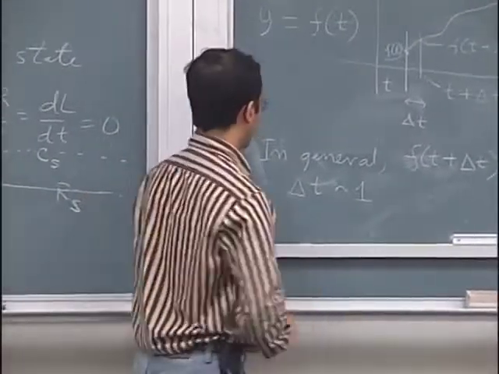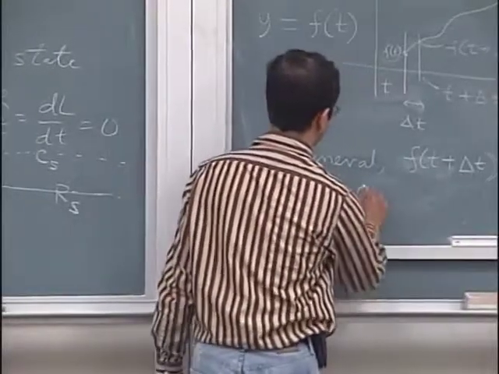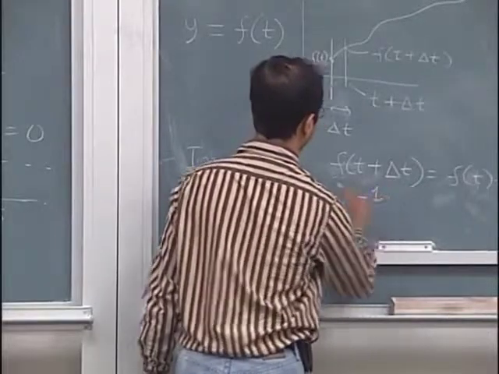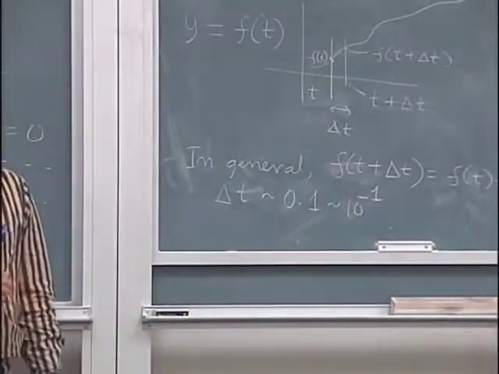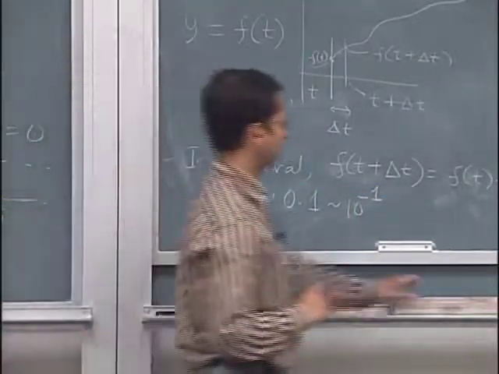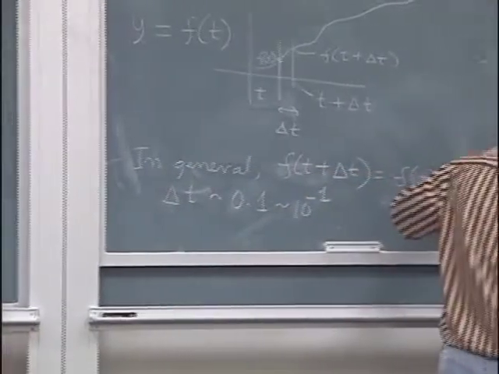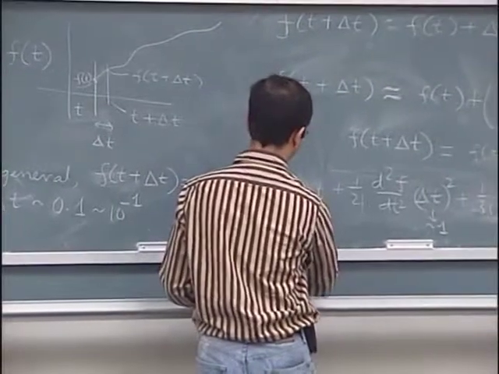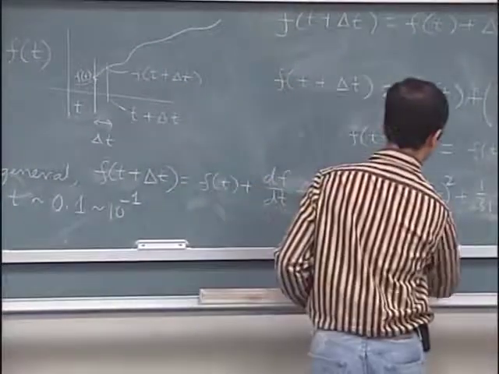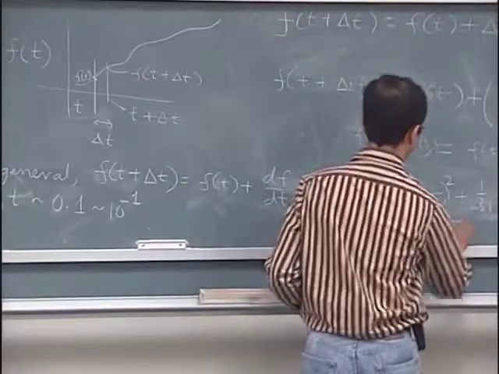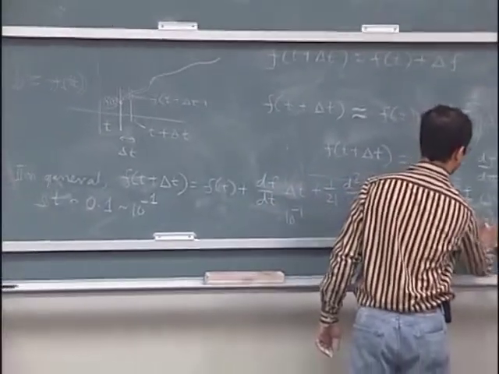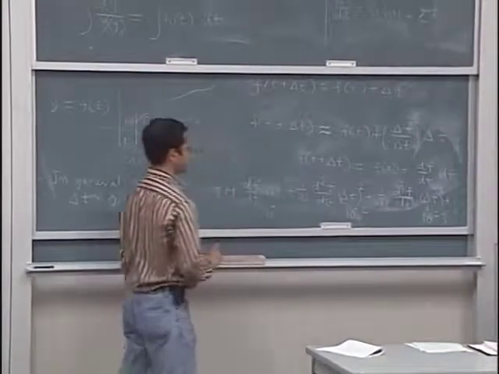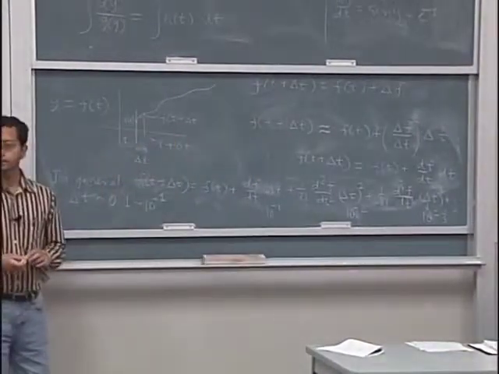Okay. Now choose it smaller, 0.1 or 10 to the power minus 1. Okay. If that is the case, then delta t is of the order of 10 to the power minus 1, delta t square 10 to the power minus 2, delta t cube 10 to the power minus 3, correct?